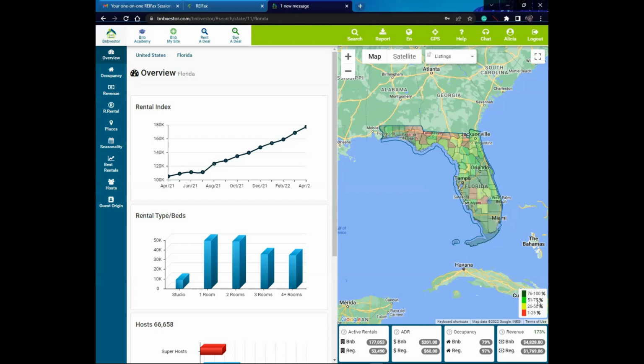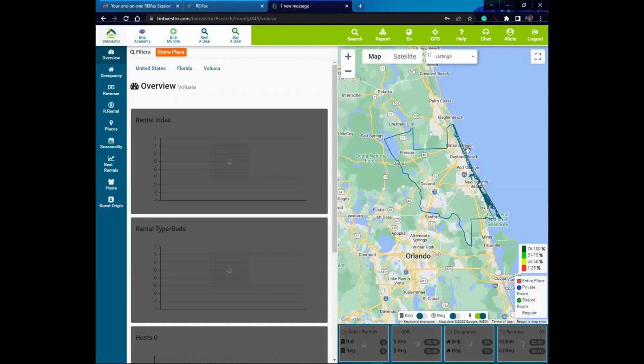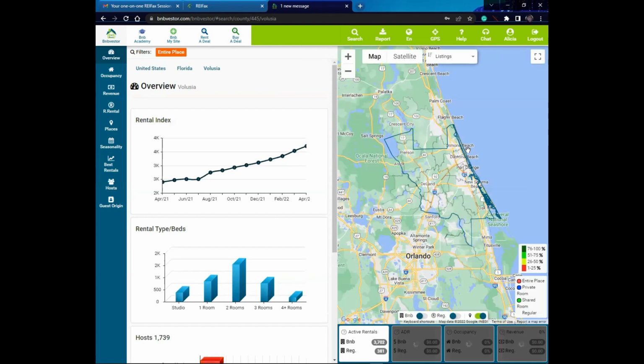Dark green would be the most amount of available properties for BnB. Light green, in between 51 and 75% properties in BnB, yellow and red. Once again, I'm going to zoom in on a specific area and tell you a little bit about each graph.